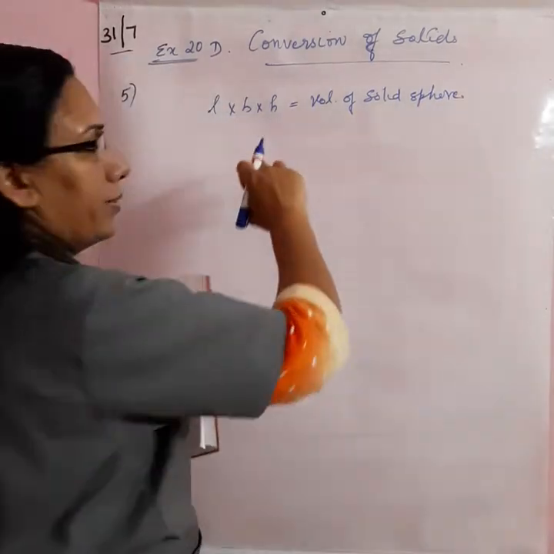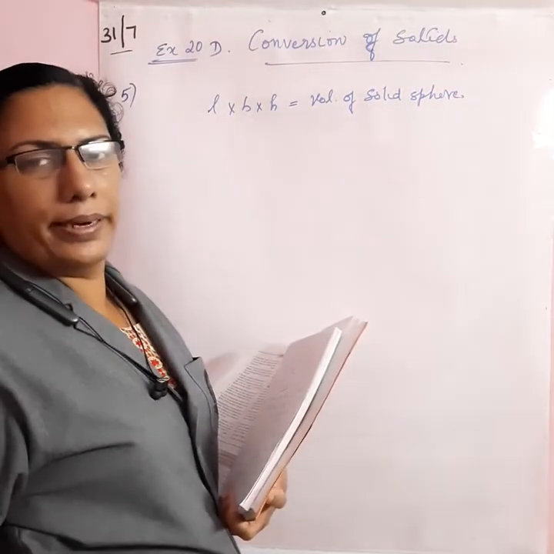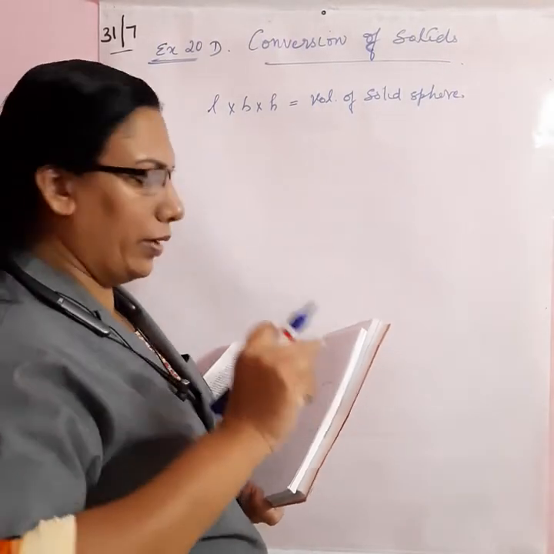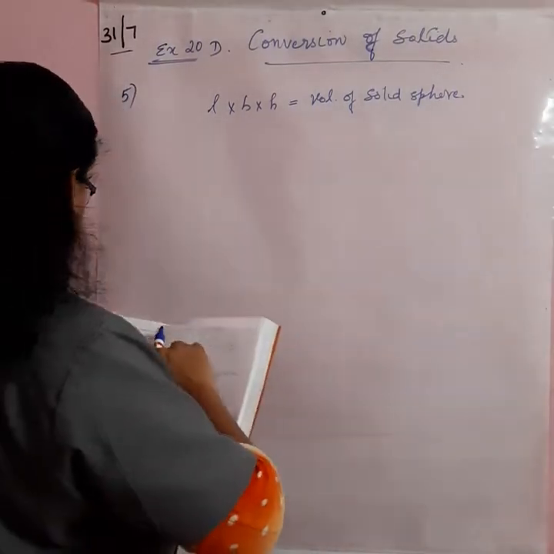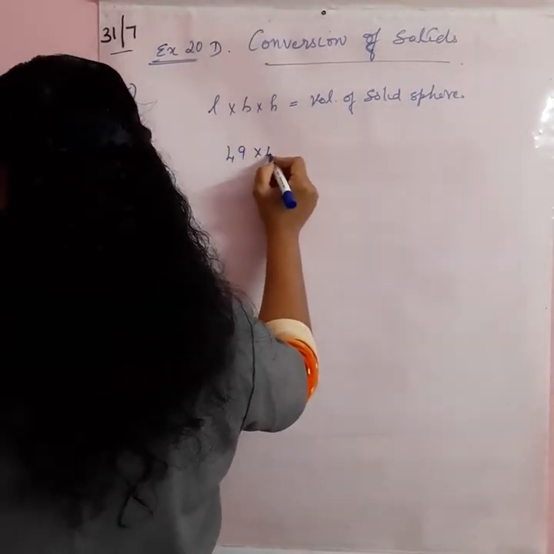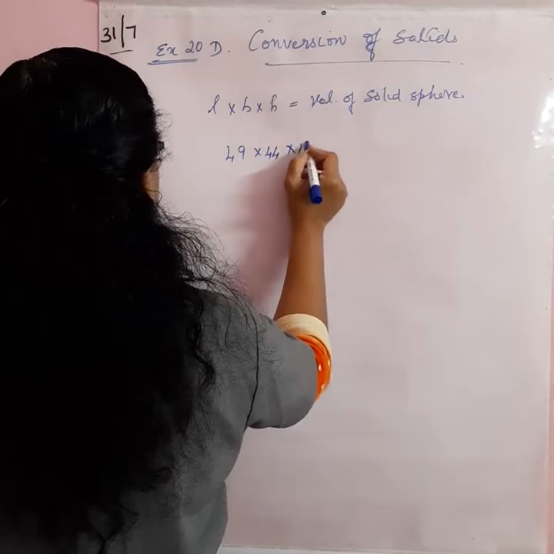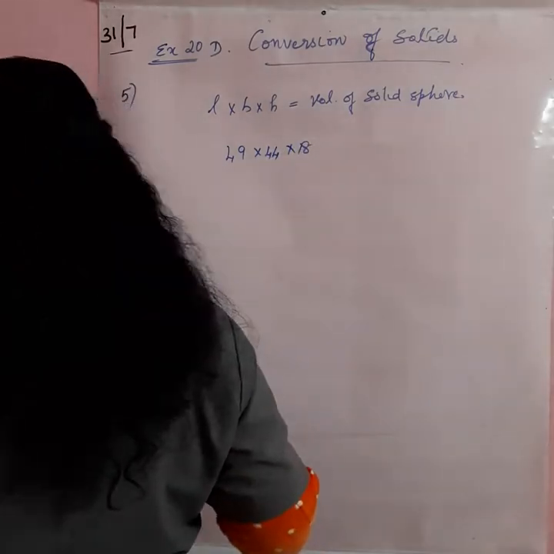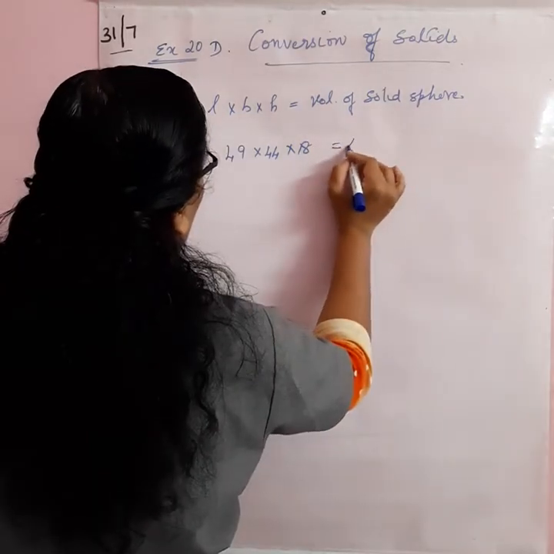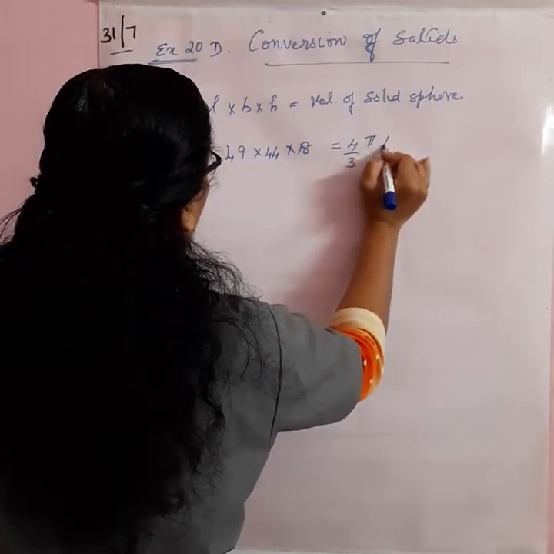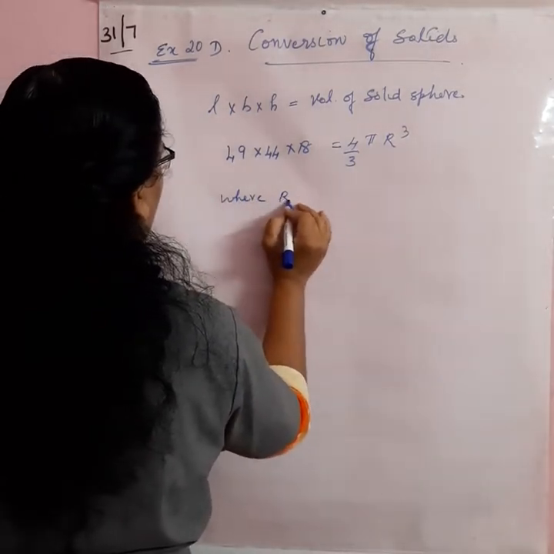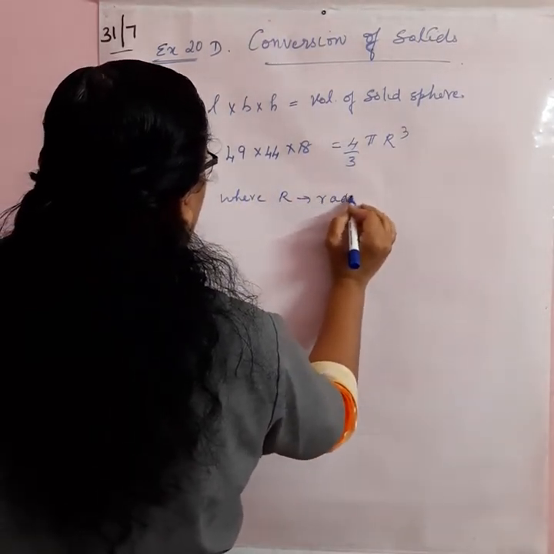See, when you are writing, children, you write: let L, B and H be the dimensions of the rectangular block. Given that L is equal to... all the detail you have to write, okay? So what is given? 49 into 44 into 18 is equal to 4 by 3 pi r cube, where r is the radius of the sphere.